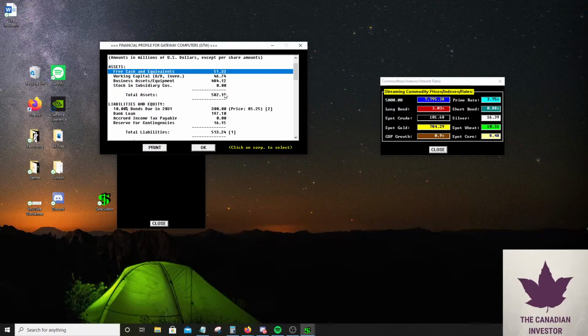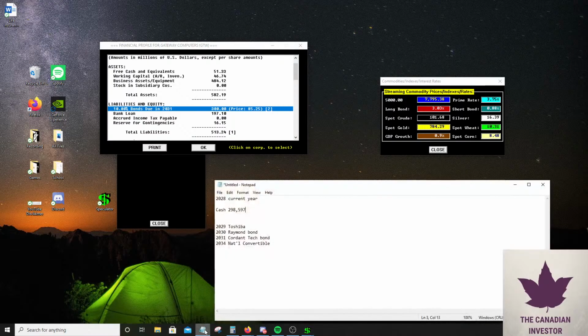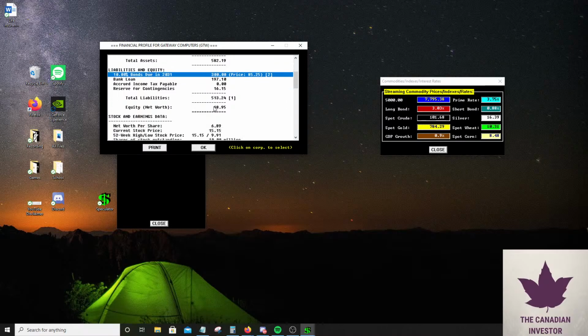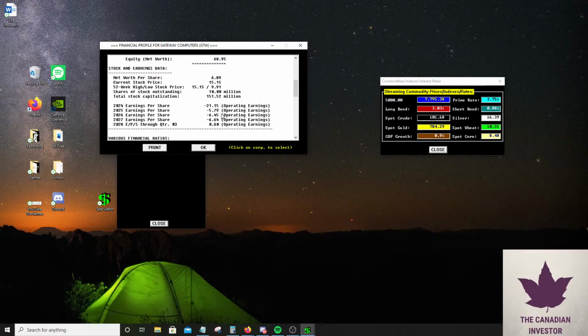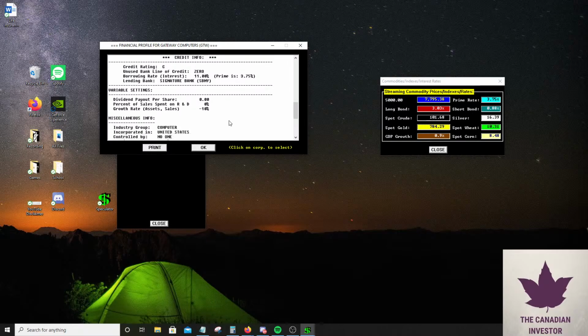So currently they have 50 million in free cash. A $300 million bond coming due in 2031. It's currently 2028, so in about 3 years it's gonna come due. So we have to make sure they're coming in with profits, or at least they have a big line of credit. They can just borrow money from the bank in order to pay back their bond holders.